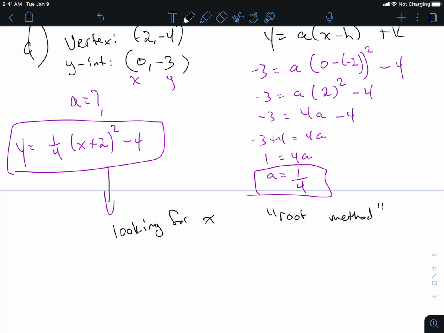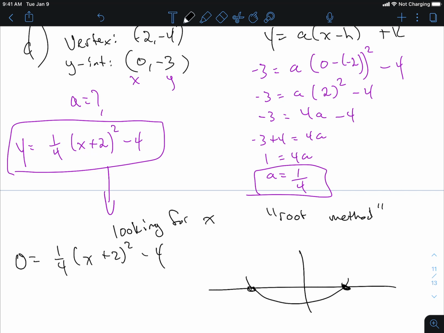So, what is the y value when the graph crosses the x-axis? 0, right? So if I draw this, the y values here are 0. So you say, okay, 0 equals 1/4 (x plus 2) squared minus 4.